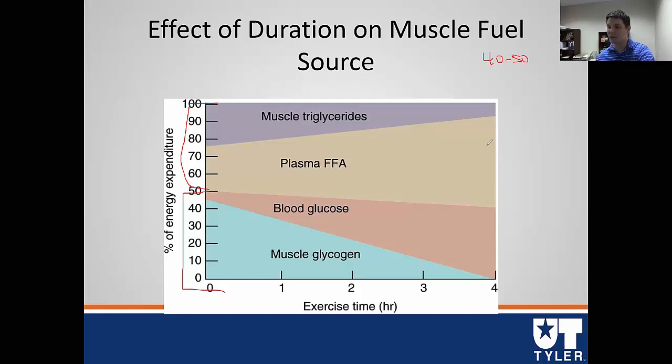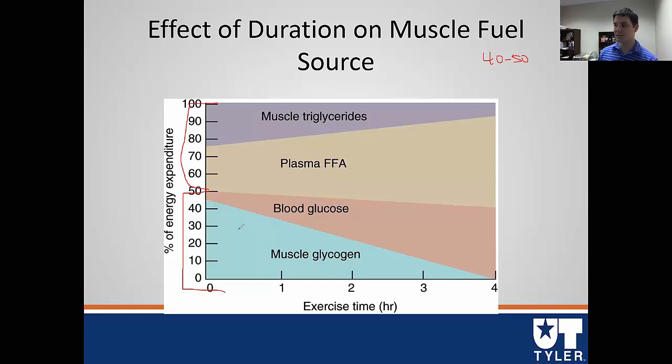So we're getting more and more free fatty acids from our fat cells, which is important. You'll notice, though, earlier I talked about muscle glycogen at about 85%. We're starting to use it, but what's happening is we're slowly losing glycogen content in our muscle, right?